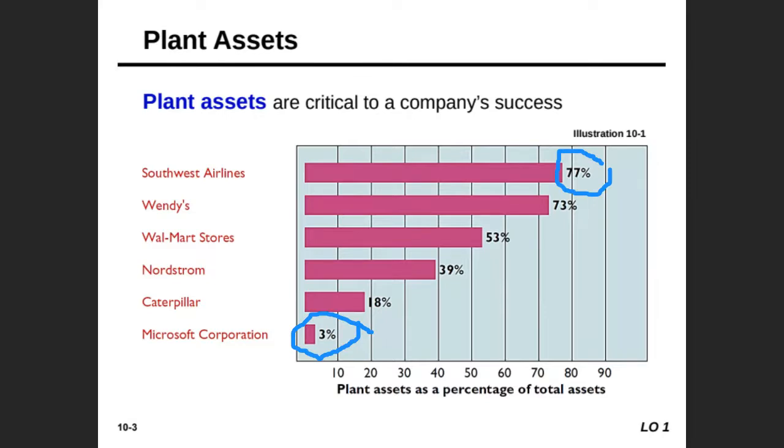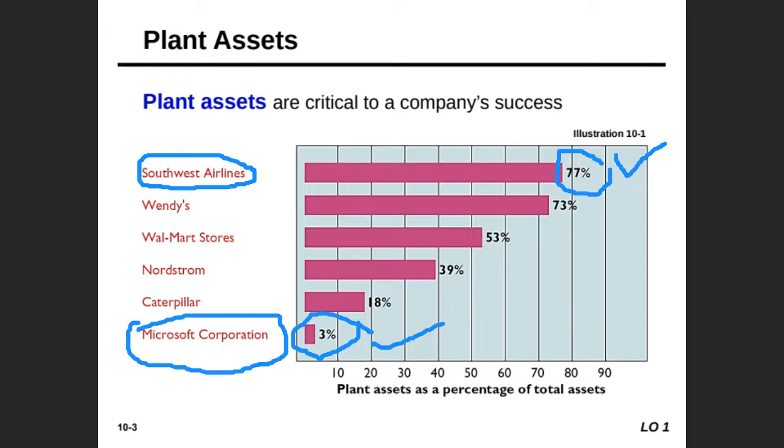Or why is there a high amount of investment in property, plant, and equipment for an airline, Southwest Airlines or Saudi Airlines, for example? Because they need airplanes, they need equipment which is costly. But Microsoft is a software house, right? They don't make an investment in those big equipment. Maybe they have high investment in research and development costs for software.